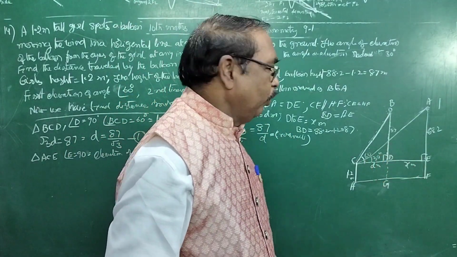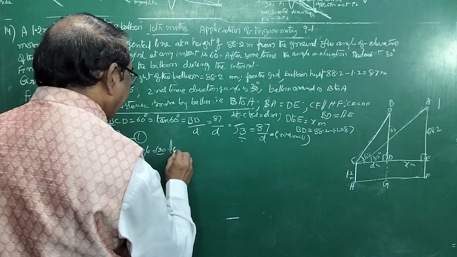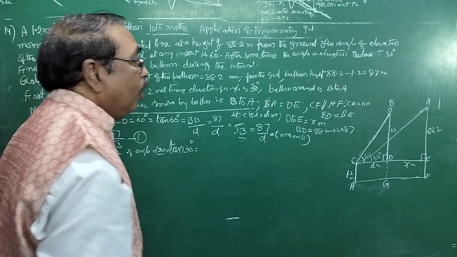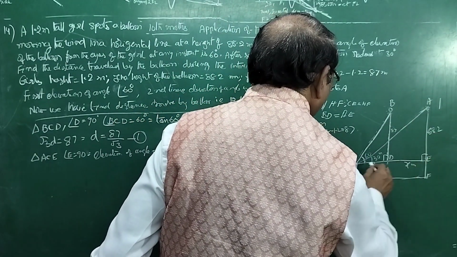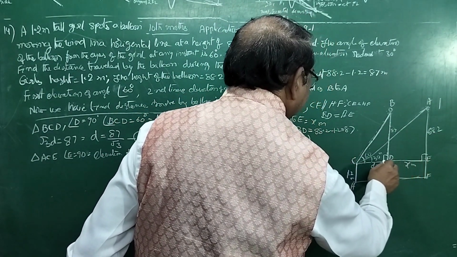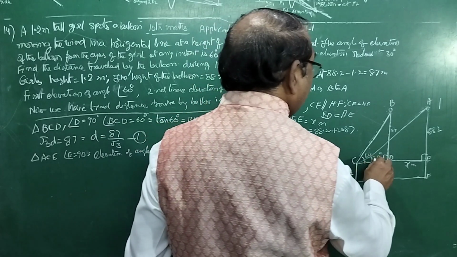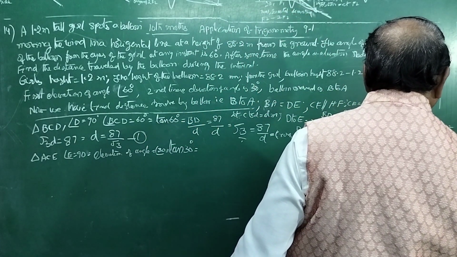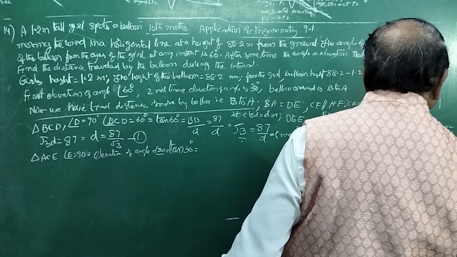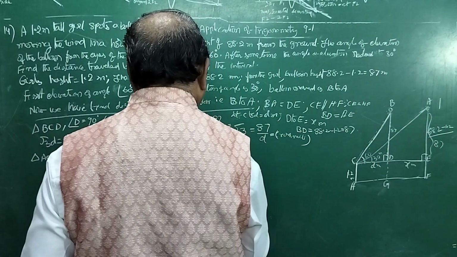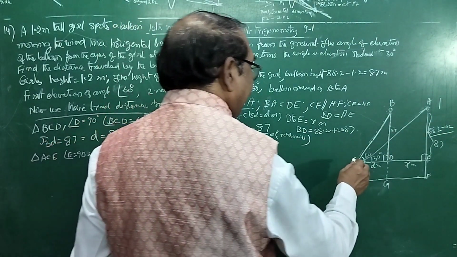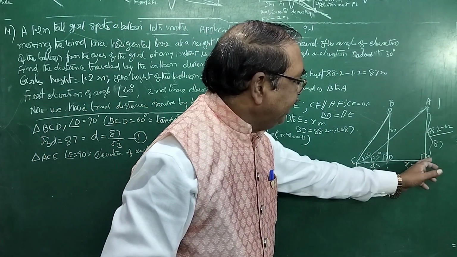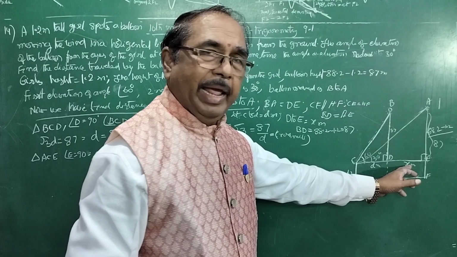Now tan 30 degrees is equal to the opposite side, 88.2 minus 1.2, which is 87, by the adjacent side CE. CE means d and x meters.